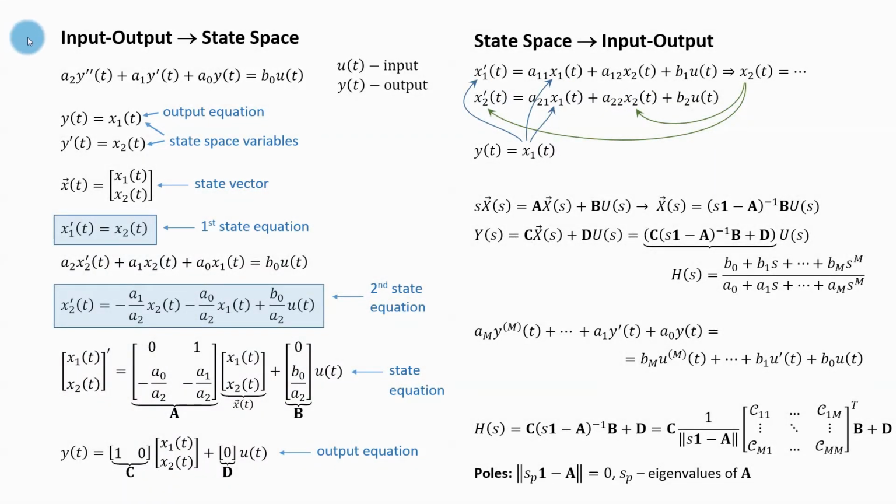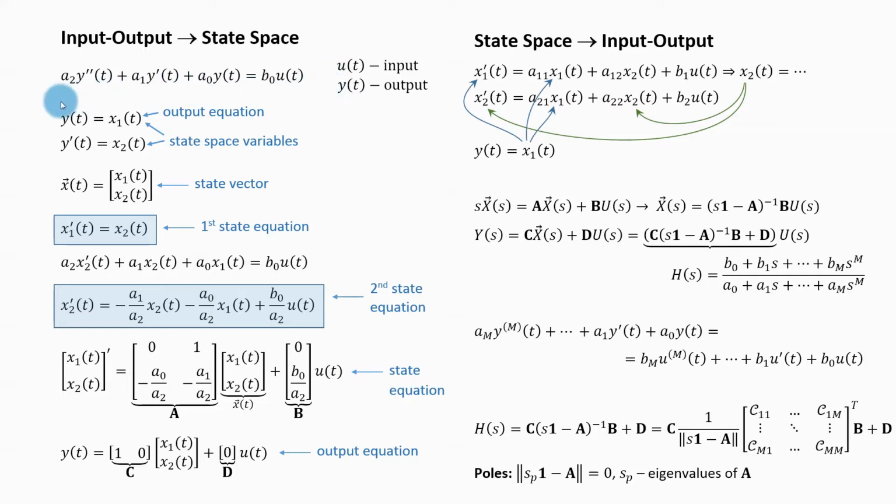You also need to learn how to transform the input-output description into the state space description and vice versa. So if you have an input-output description of your system and you want to turn it into the state space description, this is what you need to do. In this input-output description, u of t is the input and y of t is the output.